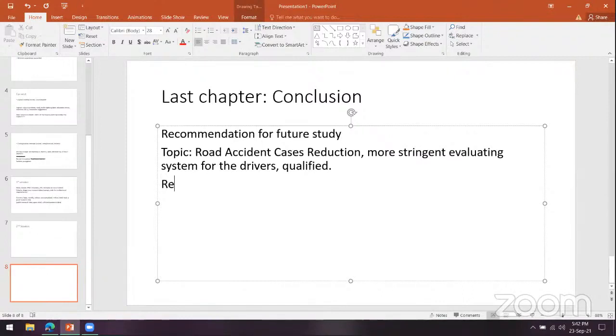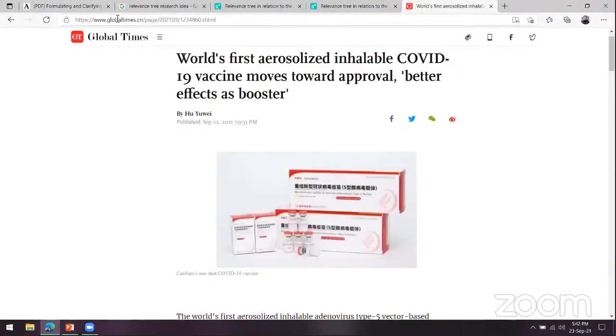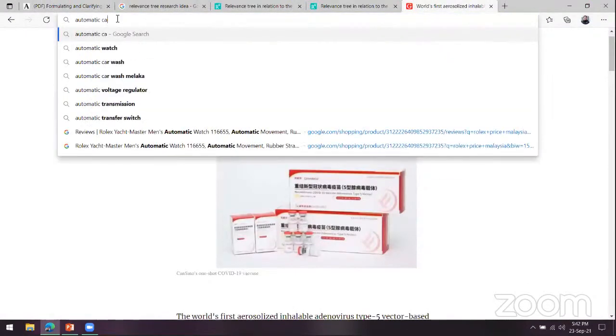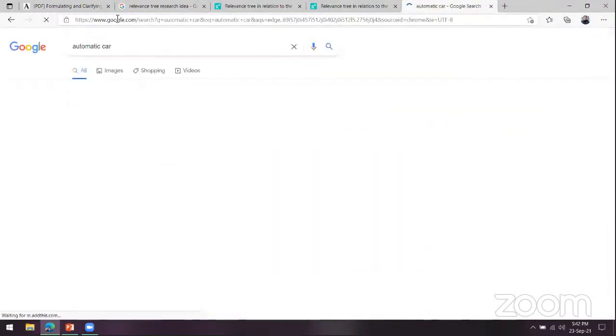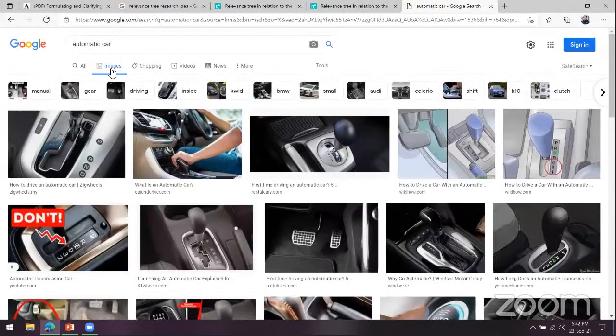So for the recommendation for the study, maybe you can say in the future, maybe we can go for minimizing the human error by utilizing automation. I think some of you already know that right now we have what we call the automated car, right? Which is always under IR 4.0. They're utilizing sensors.